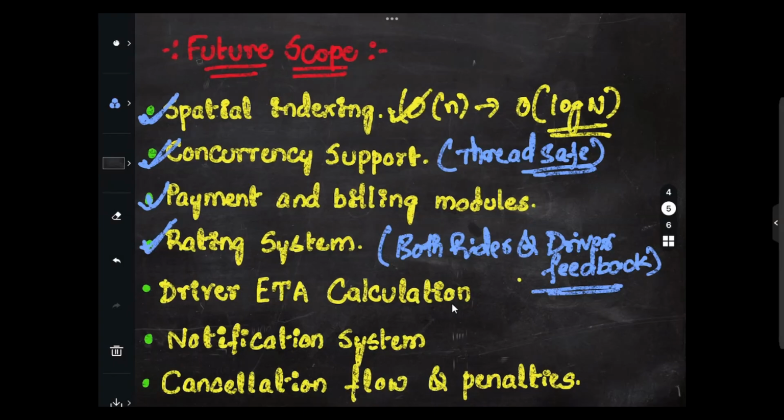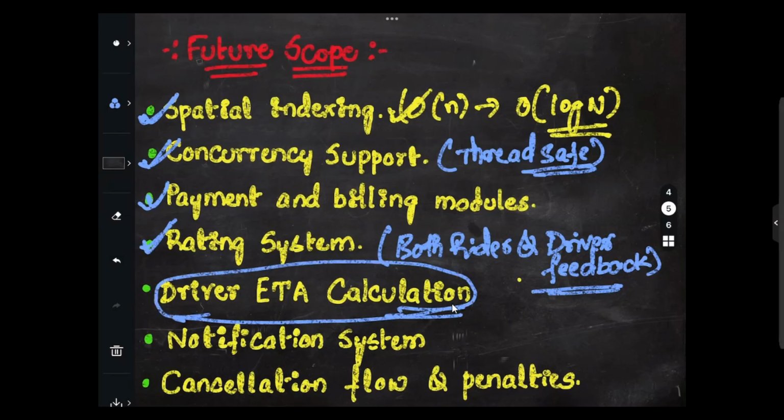We have to provide maps for the rider as well as the driver, so we should be able to use real maps or a distance API. This is for the driver ETA calculation.